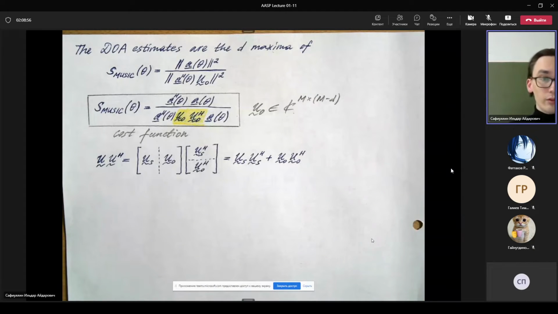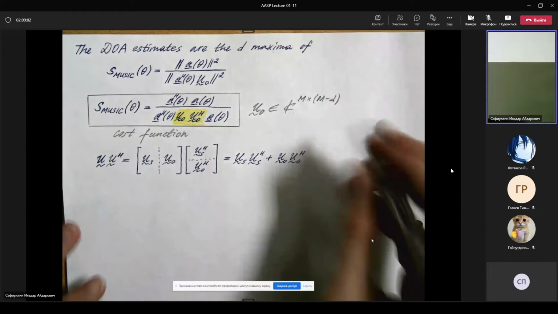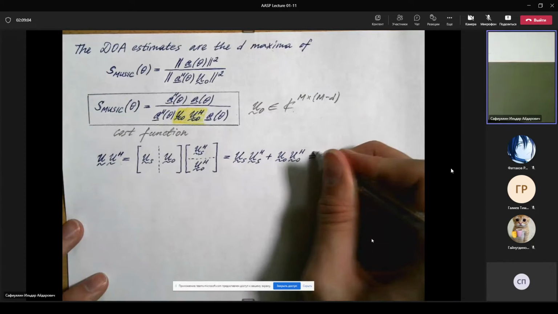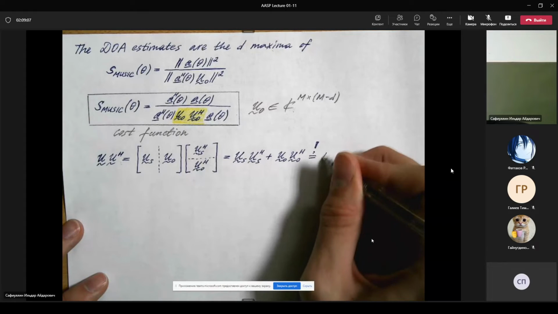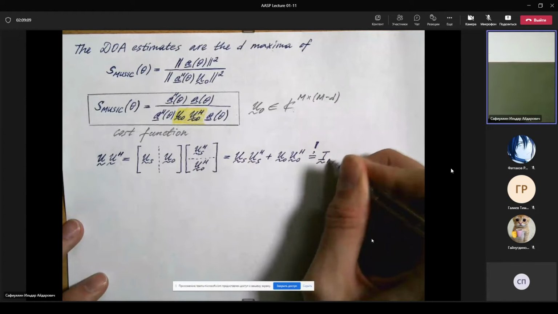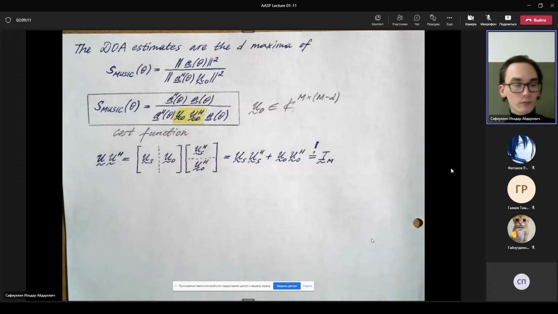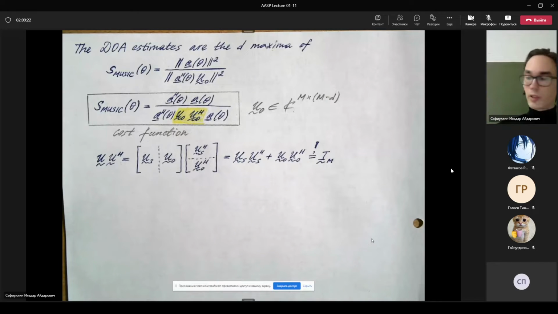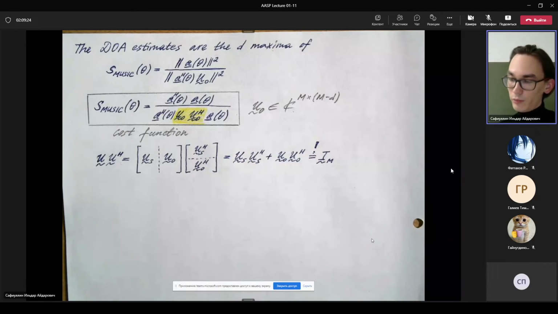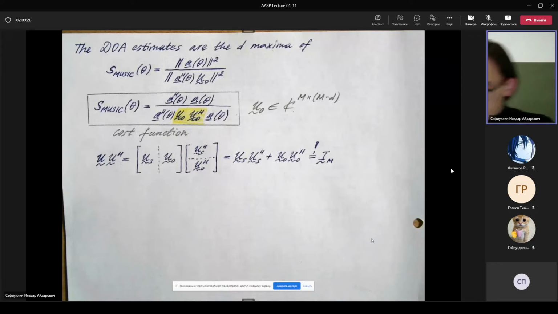And of course, we know that this multiplication of unitary matrices is equal to the identity matrix of size M. And then we can rewrite the overall equation using not the noise subspace, but the signal subspace.